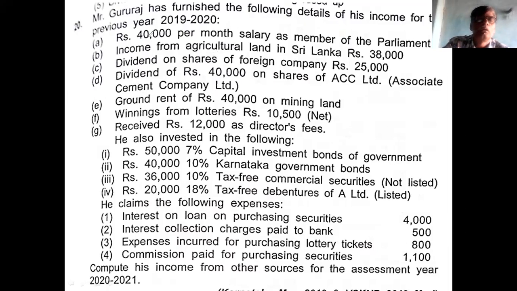Okay. Its answer is, first point answer is 4,80,000. You take first point 4,80,000. 40,000 into 12. Second point, income from agriculture in Sri Lanka 38,000. This is also taxable.